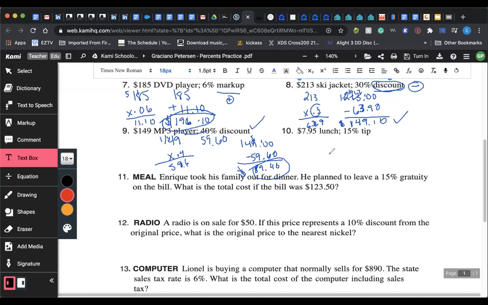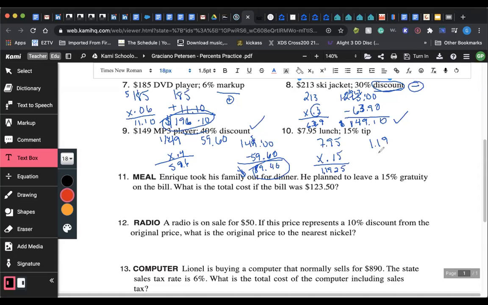Okay, number 10. So I multiplied $7.95 by 0.15. Very good. And I came out with 11925. I moved my decimal 4 places to the left, which gave me basically $1.19.